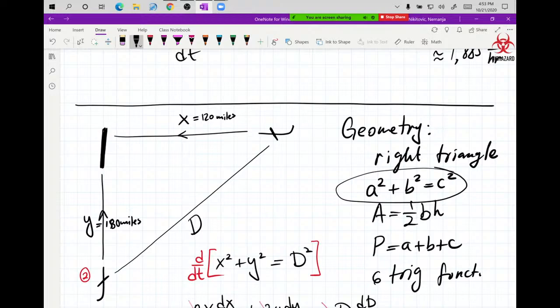And then the first airplane is going at dx/dt, which is the speed, and I'm going to put this as a negative 150 miles per hour. And the other one is also going at dy/dt as a negative 225 miles per hour. Now you're going to ask, why are those two negative?